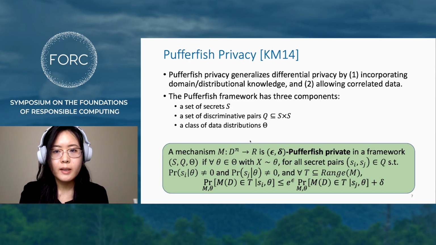Formally, we say a mechanism is epsilon-delta pufferfish private in a framework (S, Q, Θ) if for all possible data distributions in this class, for all secret pairs with non-zero probabilities, and for all possible subsets of outcomes, the probability of the outcomes conditioned on the secret pairs should be close in this epsilon-delta closeness notion, similar to differential privacy.